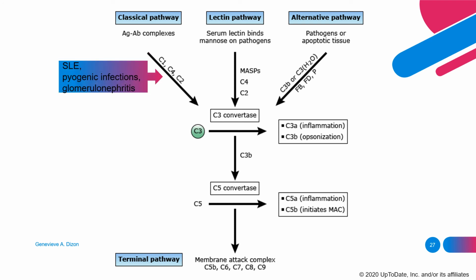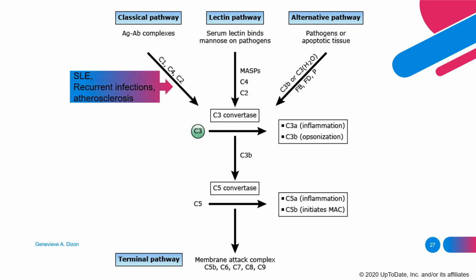Decreased C4 levels, accompanied by elevated anti-DNA and ANA titers, confirm diagnosis of SLE, also associated with glomerulonephritis and pyogenic infections. C2 deficiency is the most common of the human complement deficiencies. Patients with C2 deficiencies have chronic renal disease, also associated with autoimmune diseases and are susceptible to bacterial infections.